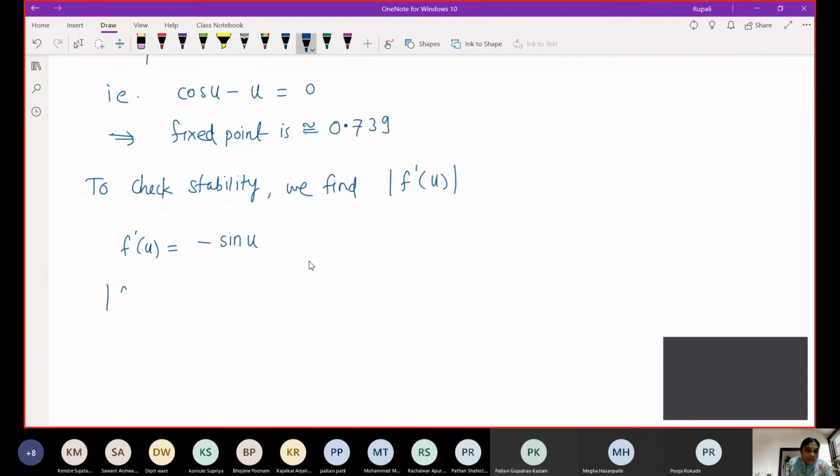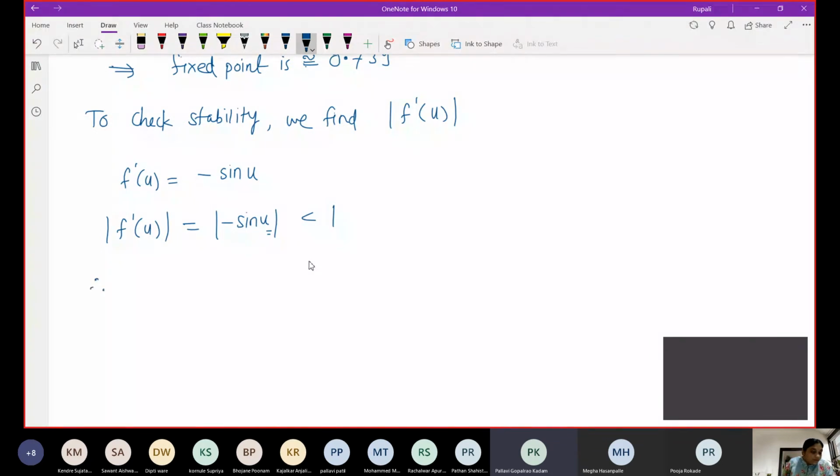So mod of f dash at u, whatever may be your u, is equal to mod of minus sine u, and we know that it is strictly less than 1. Yes, whatever may be your value of u, it must be less than 1. So what can I say? It is asymptotically stable.